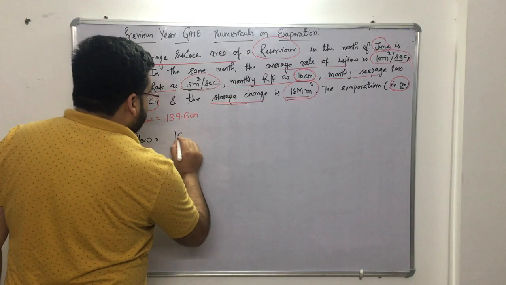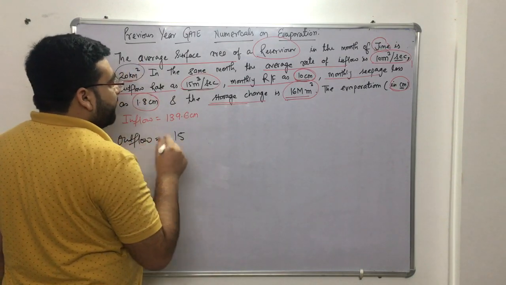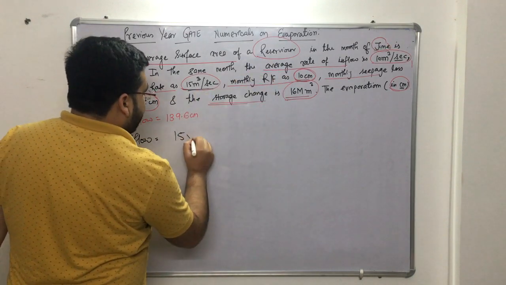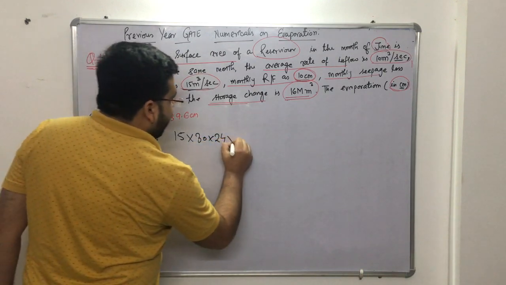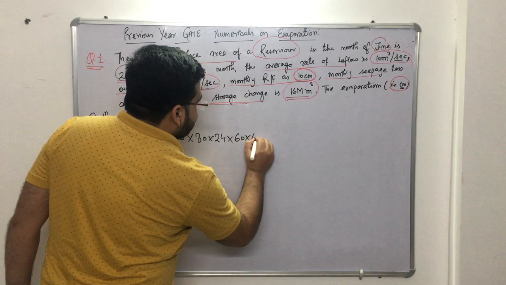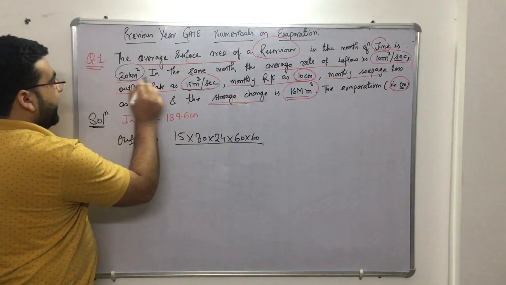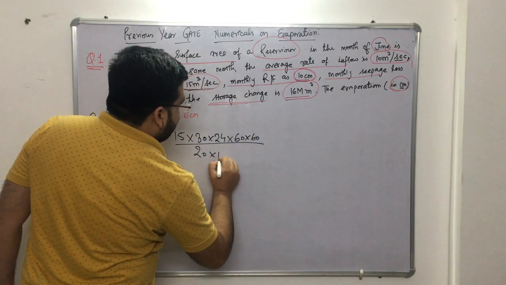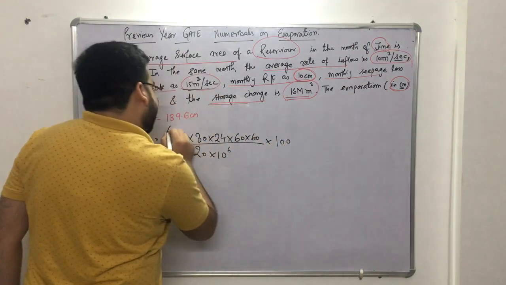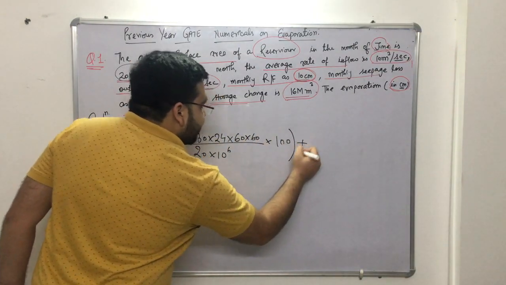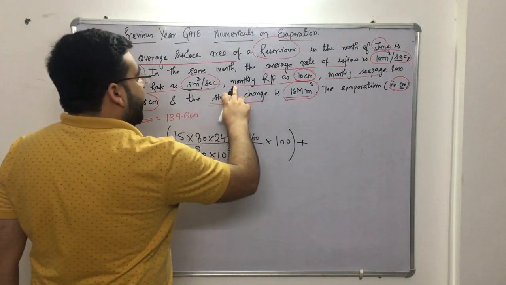So 15 meter cube per second for 30 days, into 24 hours in a day into 60 minutes into 60 seconds divided by area 20 into 10 raised to power 6 meter square. This will be meter, to convert it in centimeter into 100.